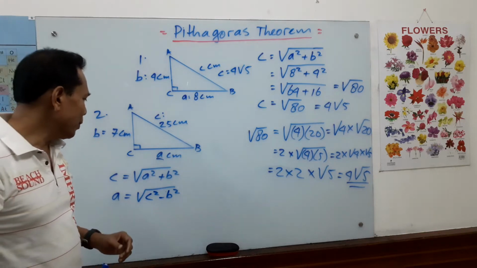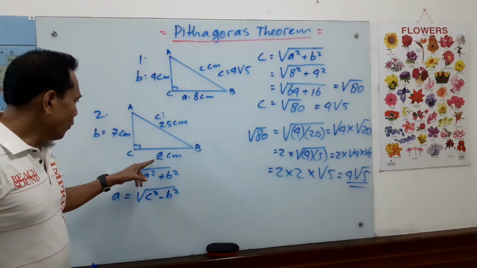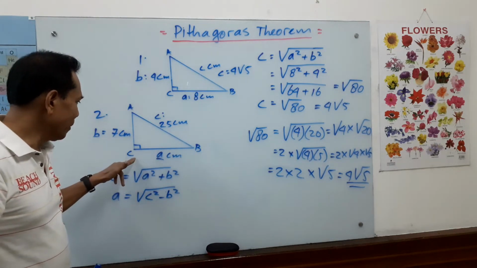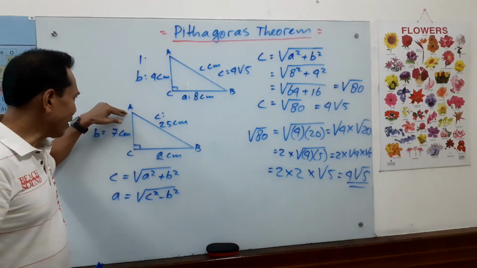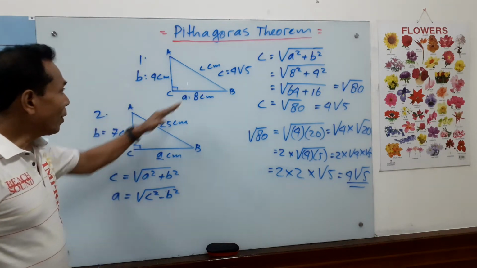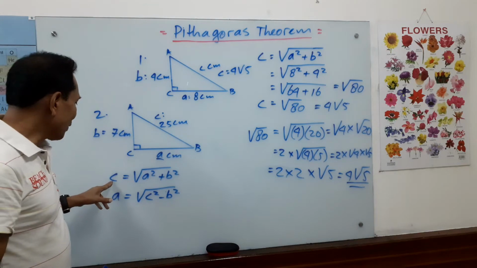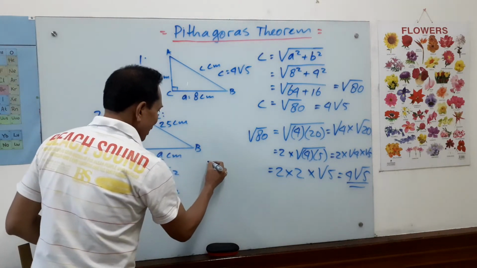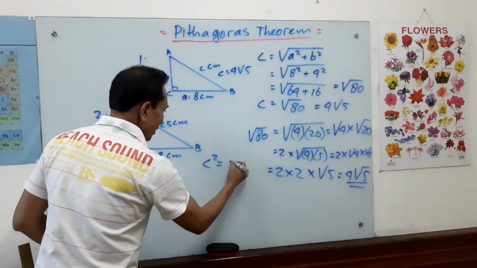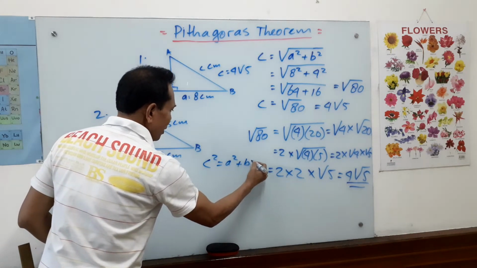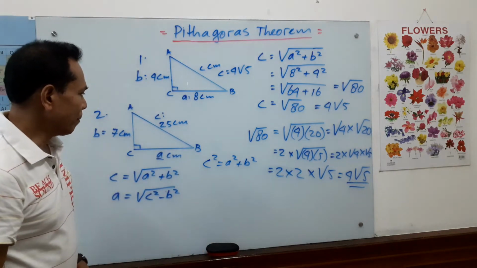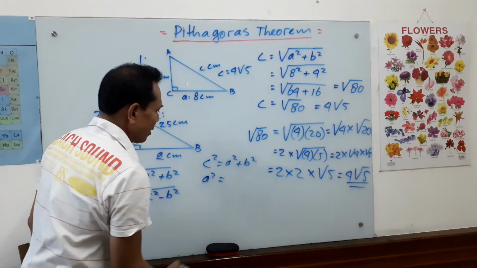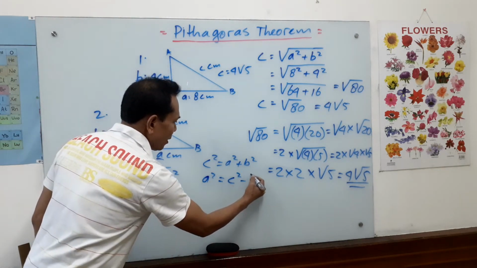I repeat one more time, children. To find this side here, the base side, B to C, which we name after angle A, we follow the formula. The original formula is C square equals A square plus B square. If you want to find A, then A square equals C square minus B square.